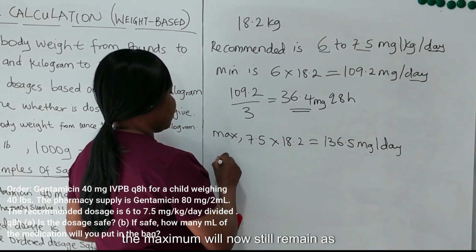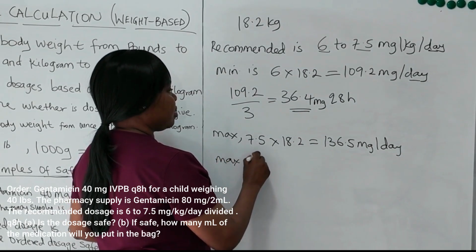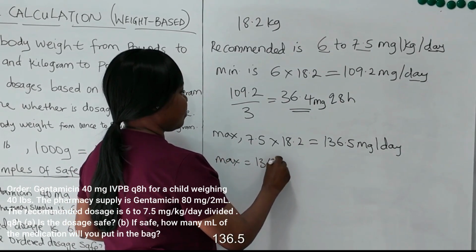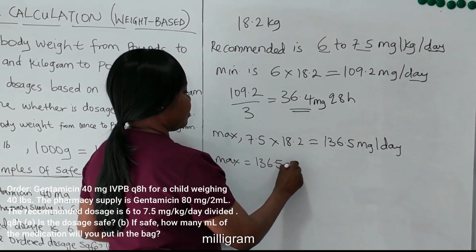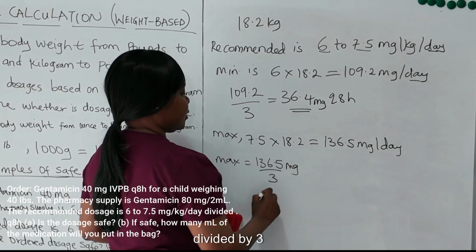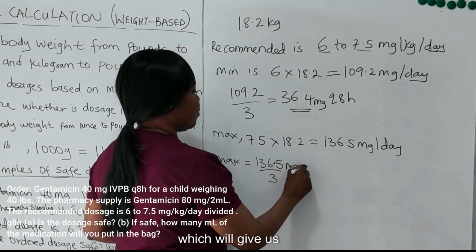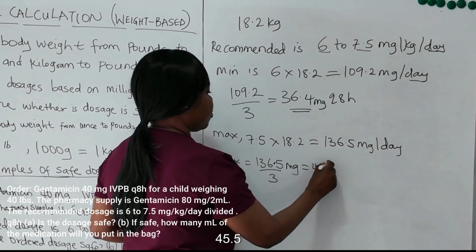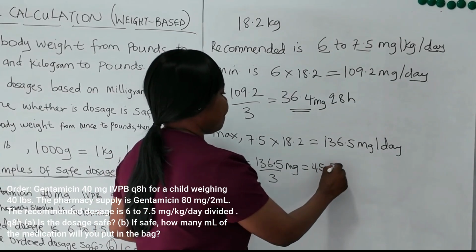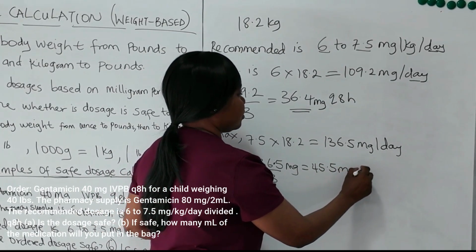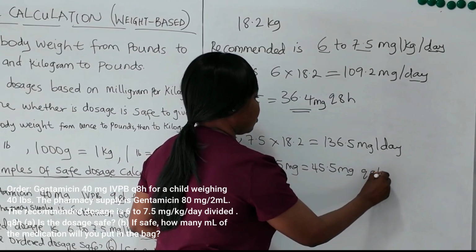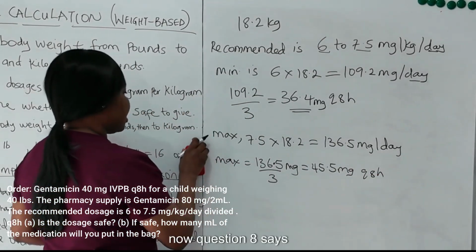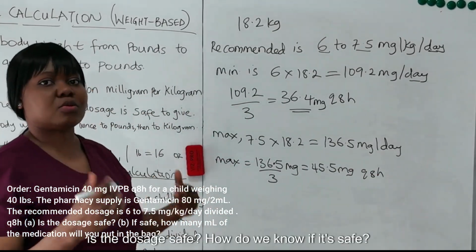If we do that, the maximum will now be 136.5 milligram divided by 3, which will give us 45.5 milligram Q8 hours.